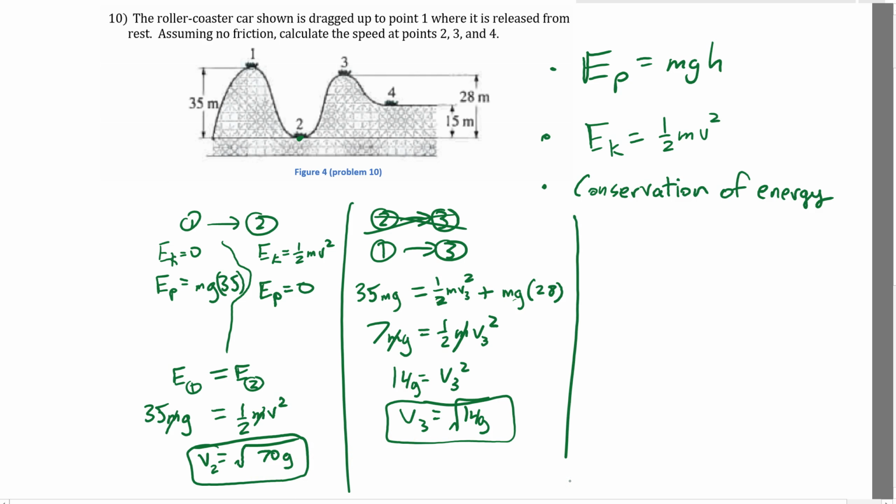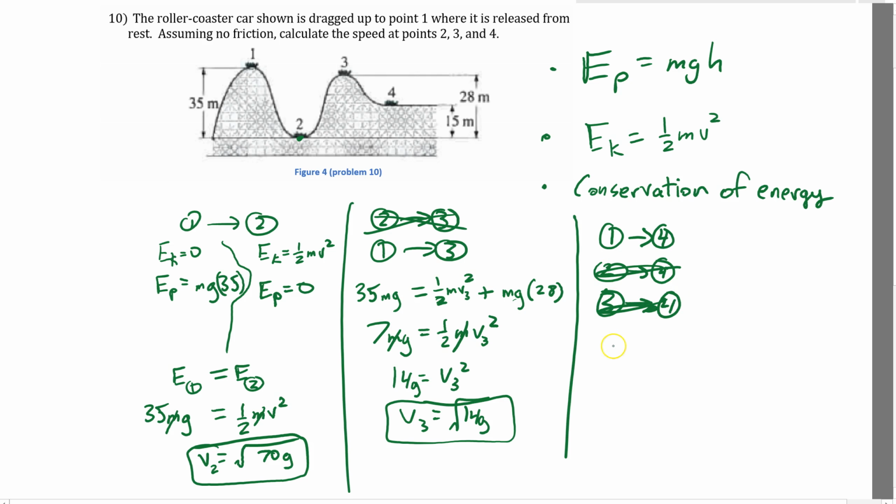All right, for point 4, to answer this one, you could go from 1 to 4, look at the energy at point 1, equate that to the energy at point 4, or you could go 2 to 4, or you could go 3 to 4. Since we know all the information about points 1, 2, and 3, there's no real advantage on any of them. But just to show you again that you don't have to work it sequentially, 1 to 2, 2 to 3, 3 to 4, I'll go from 1 to 4.